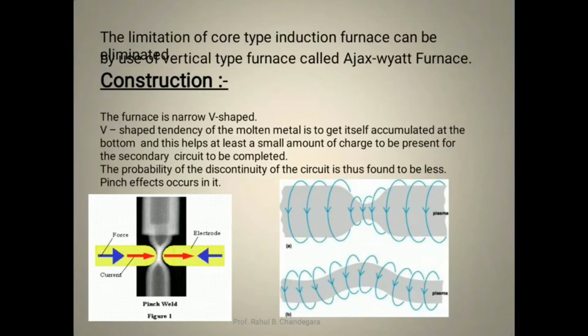The construction: the furnace is narrow V-shaped. The tendency of the molten metal is to accumulate at the bottom, and this helps at least a small amount of charge to be present for the secondary circuit to be completed. The probability of discontinuity of the circuit is found to be less. Pinch effect occurs in it.